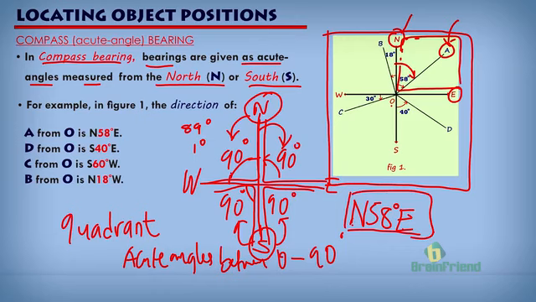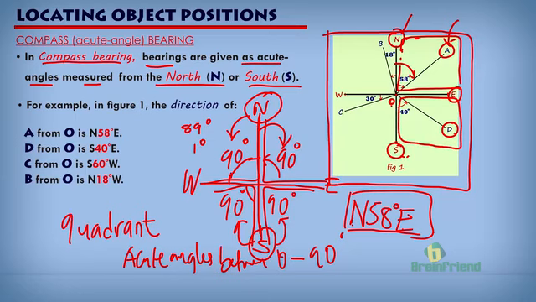Let's take a look at our other points here. If we have an object D here, and you are asked to find D from O. O is the origin, the reference point there. Find D from O. Again, check. It is within this quadrant here, where the south holds sway.